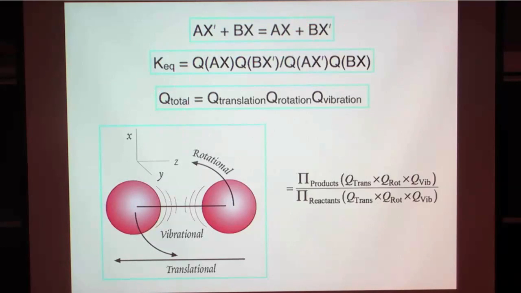The total partition function is the product of the translational, rotational, and vibrational movement of the molecule. Now, this is based on an ideal gas. Ideal gases move translationally, rotationally, and vibrationally. Solids don't do this, but this is the way that the theory was developed. So this is what I'm going to show you.